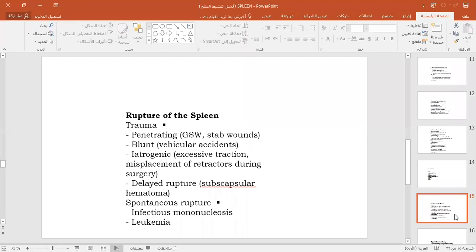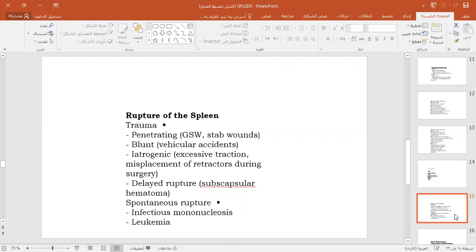When it is a stable patient, FAST ultrasound is the primary investigation for splenic trauma that detects hemoperitoneum and gives a sign of the blood source, like from the spleen, the liver, the pelvis, the pericardium.